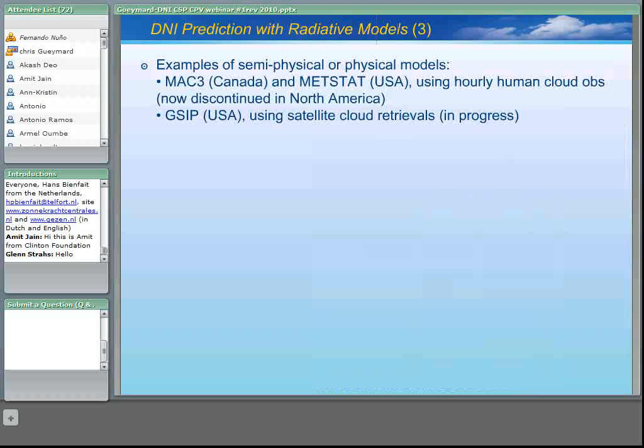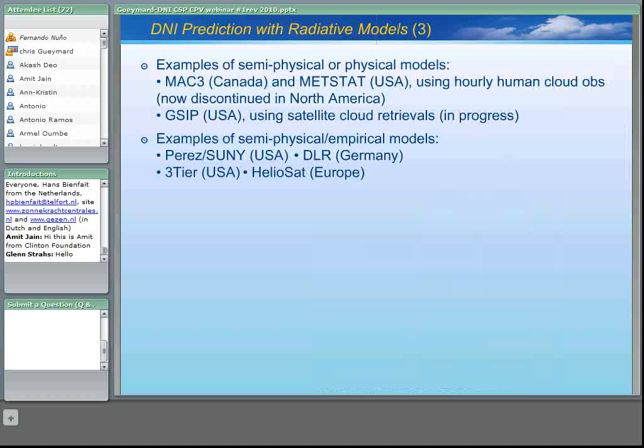So the trend now, and especially in the US, is to use physical models based on satellite information. And one such example is GSEP. And this uses cloud retrievals. It is now working to obtain global irradiance. DNI is still in progress.